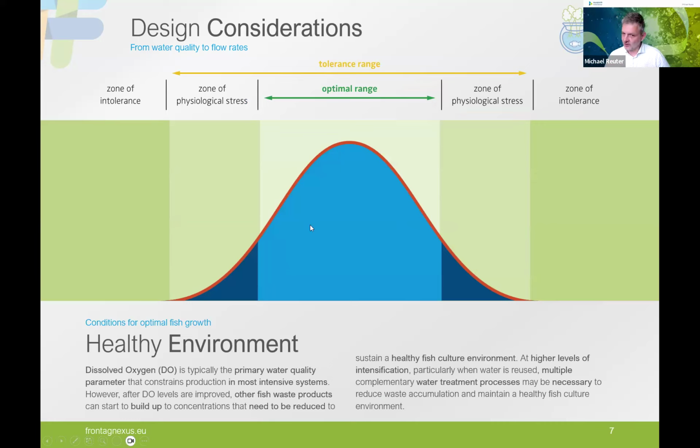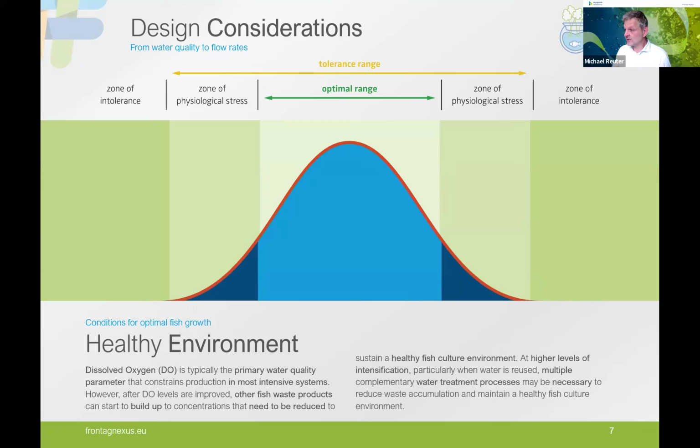And we already saw this graph several times, but I repeat it here again because it's so important. For every water quality parameter, we will have an optimal range where the fish are really well, where they will grow in a manner that is optimal for us.